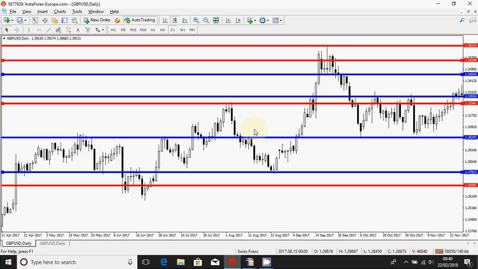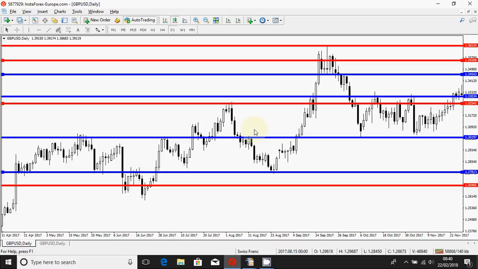It doesn't say price will reverse. What it's saying is there is a chance, a probability, a possibility that price may reverse. You should expect it. Not that it will definitely happen, but you should be preparing for it if it does happen.